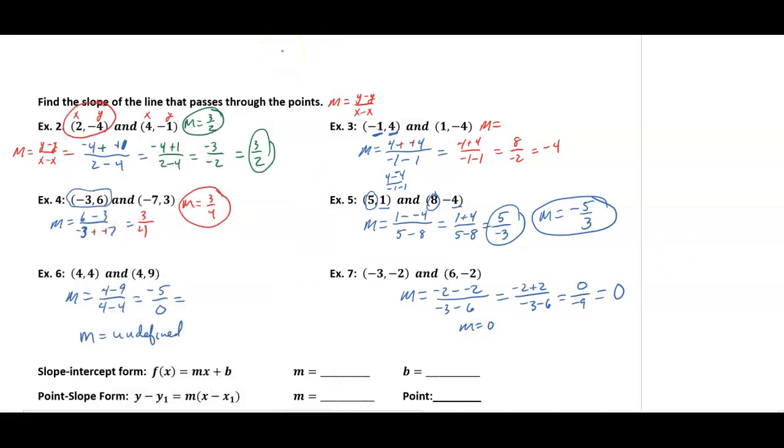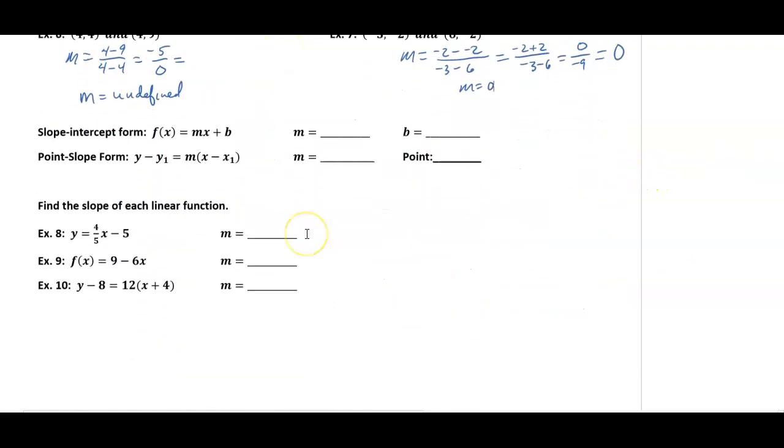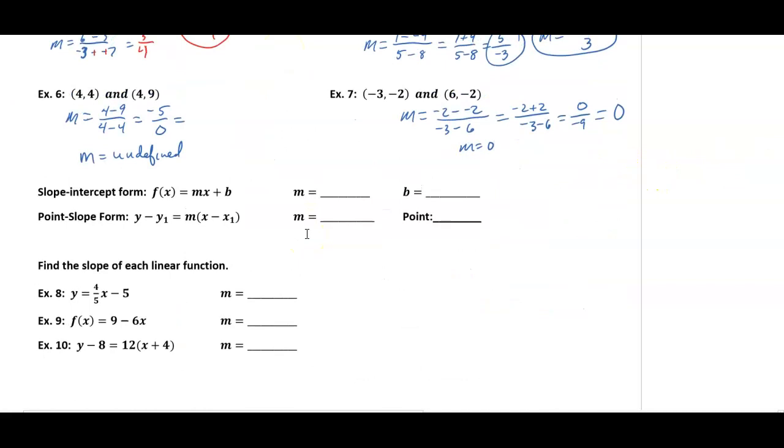All right. Now, real quick here, we have two forms of an equation. One is slope-intercept form, where m is the slope, right? So m is the slope. Your b, right, we say is the y-intercept. Then, in point-slope form, m is still your slope.